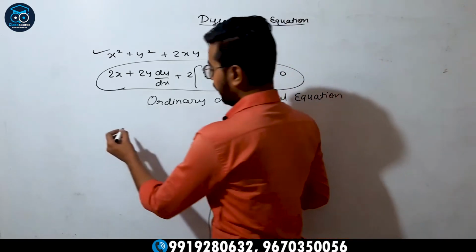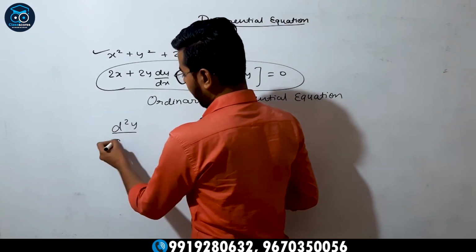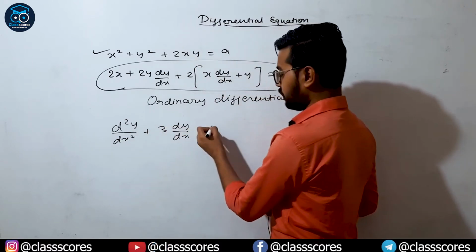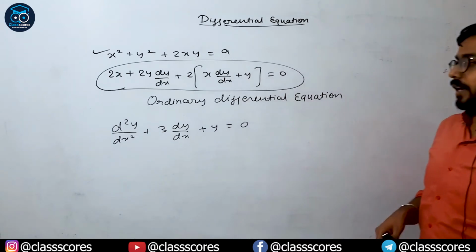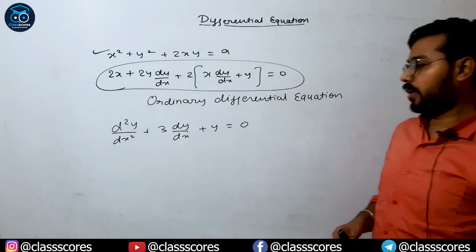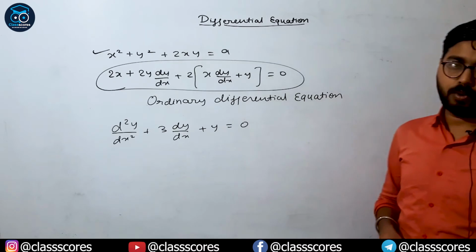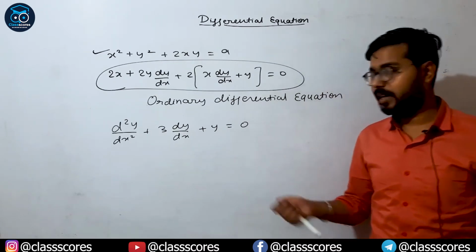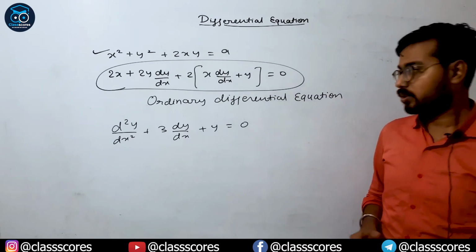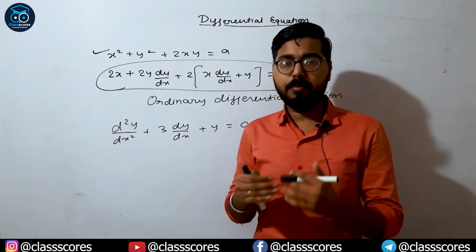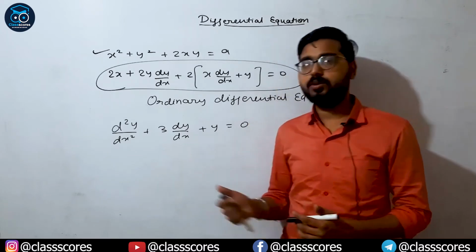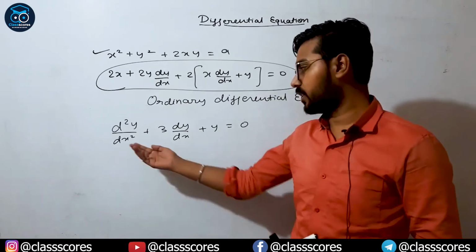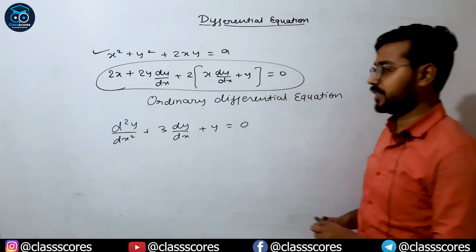Suppose an equation is given: d square y upon dx square plus 3 dy upon dx plus y equals 0, and someone asks what the degree of this equation is. Before degree, first we find the order. Order is the maximum number of times the given equation is to be differentiated.